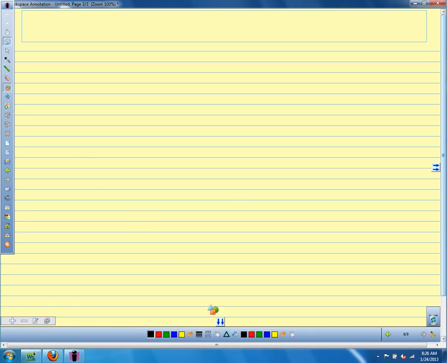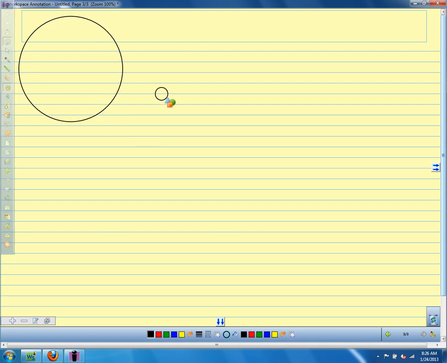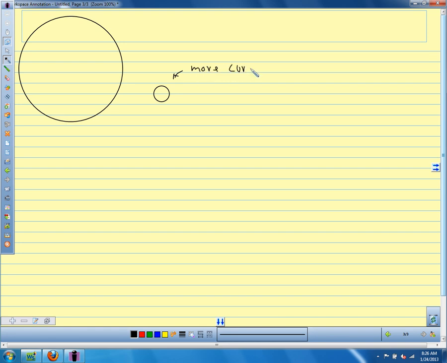So let me draw two circles, so there's one, and there's the other. Which one is more curved? The bigger one or the smaller one? The smaller one is more curved. So we think of this as having more curvature, and this one as having less curvature.